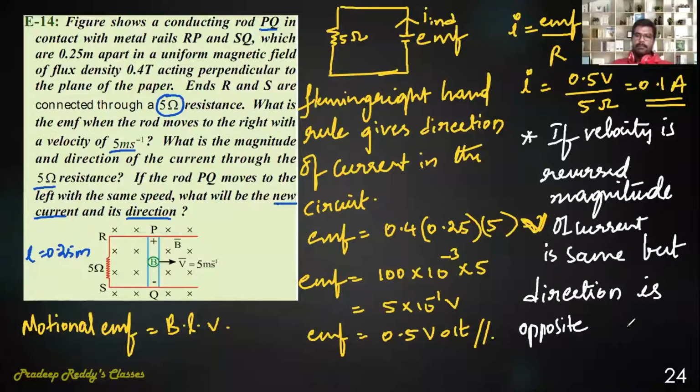So it will be from P to Q. Previously it is from Q to P, but now when the direction of velocity is reversed, it will be from P to Q. Magnitude will remain same. There is no change in the magnitude of the current.